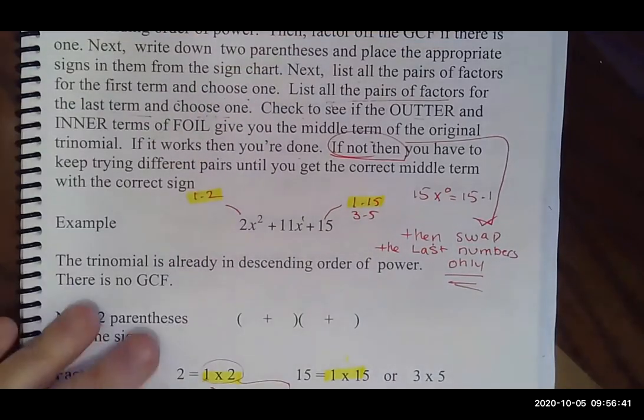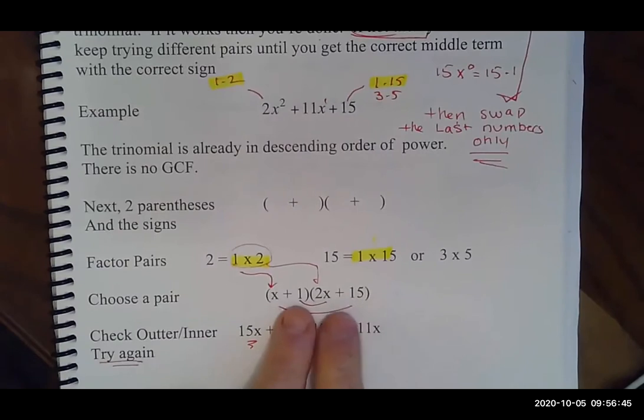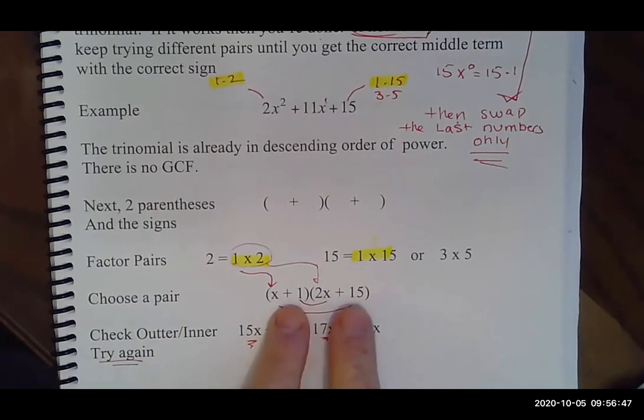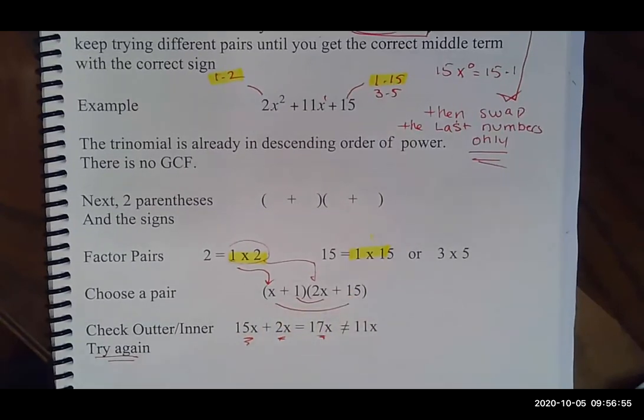Jeff, what do you mean by that? Okay, because it's on the next page. This didn't work. If I swap, Jeff, you might say, well, why did you put the 1 and the 15 there? Couldn't you put the 15 and the 1? There was no reason that I put the 1 and the 15, because they're both the same sign. What about the 1 and the 2? Why couldn't I put a 2 and a 1 there? Could have.